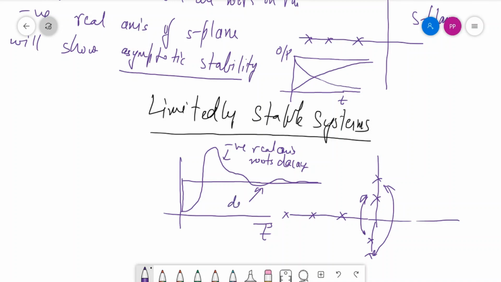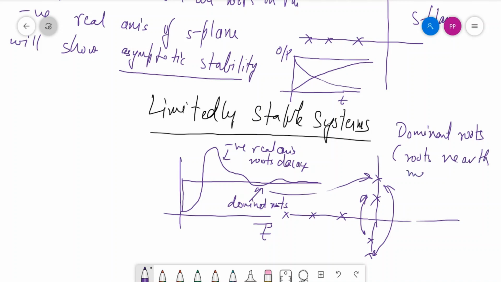These are the dominant roots, the roots near the imaginary axis of the S-plane, and they will last long.